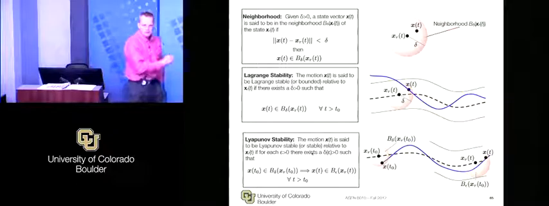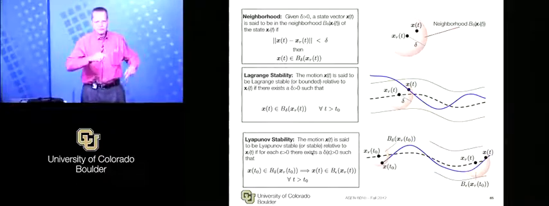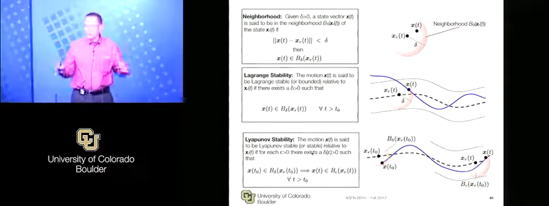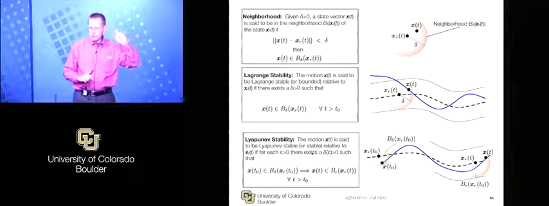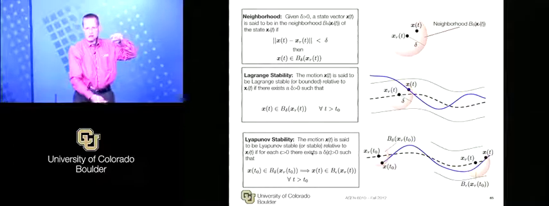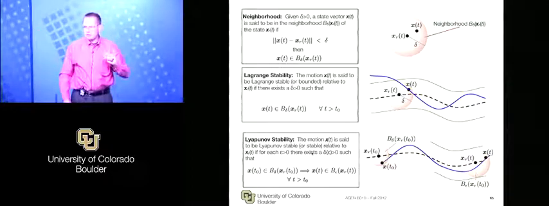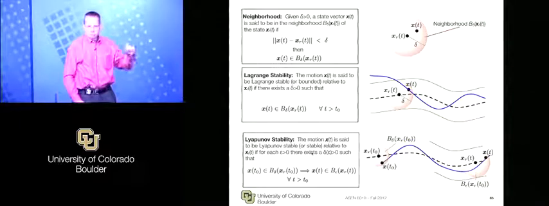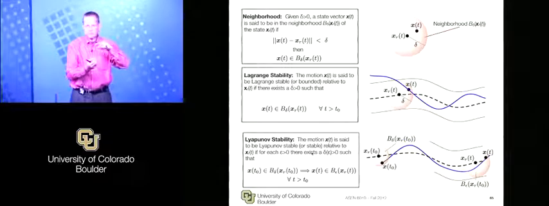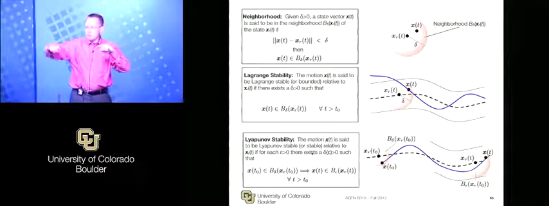And the simple example to consider here is a spring mass system. A spring mass system will always have an oscillatory motion. It'll never converge. But if you say, I want epsilon to be 1 meter, I can deflect my spring 1 meter at rest, let go, and it'll bounce, and it'll always stay within 1 meter. If I want to stay within 0.1 meters, I deflect it just a little bit, 0.1 meters, no speed, let go, and it's going to continue to bounce 0.1 meters.